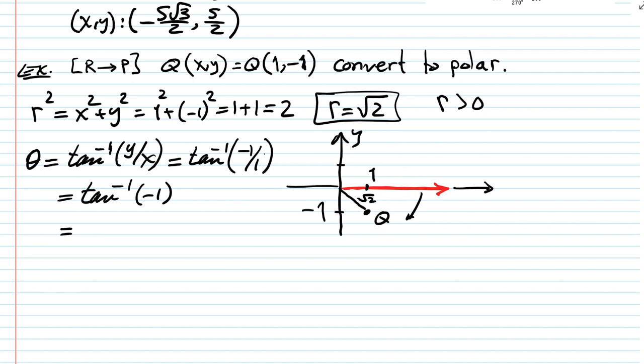Because it's -1, within the range of inverse, theta is going to be negative pi over 4. Because remember, again, arctangent, the measure of theta will be between negative pi over 2 and pi over 2. And there we have it. Theta is negative pi over 4. Therefore, the coordinates of this point as r theta is going to be, r is root 2 and theta is going to be negative pi over 4.